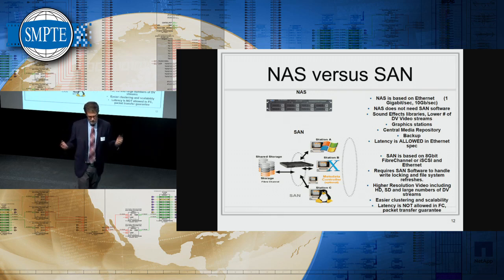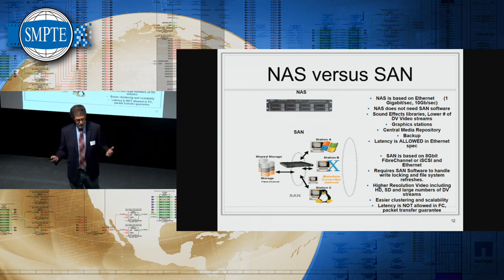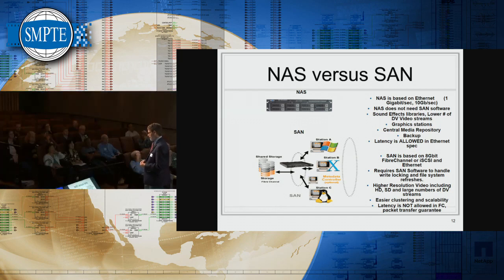So in a NAS, generally you've got Ethernet delivery to the clients. You might have an array of protocols. Could be NFS, could be SMB, could be a proprietary one like Quantum's DLC, but the basic underlying transport is an IP-based packet. NASs in general do not require client software that is not part of the OS.